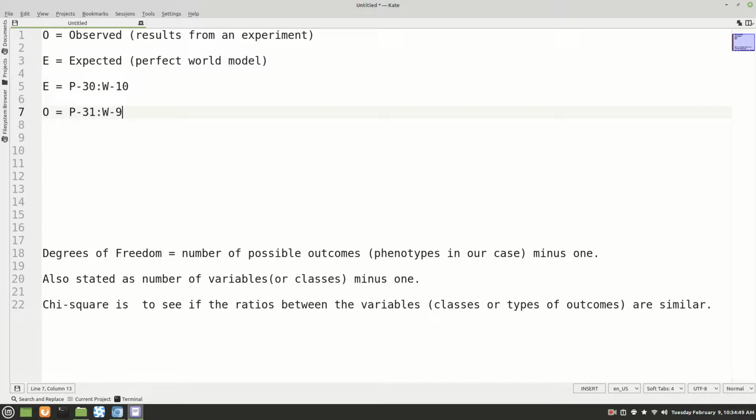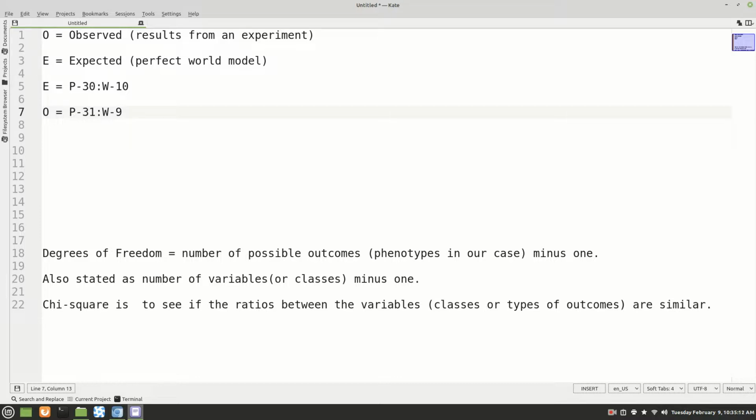And we would need to check that to see if that's close enough to our expected number to go ahead and say it is. It's not exactly arbitrary, but we do get the option of saying just how far off we can be and still accept it. And we actually set that ahead of time.